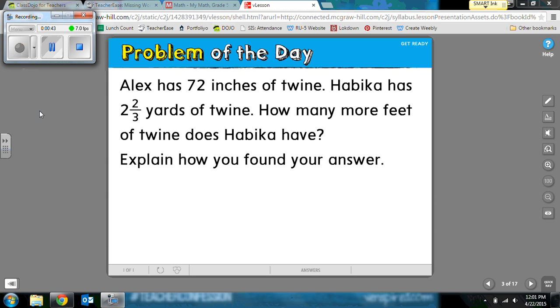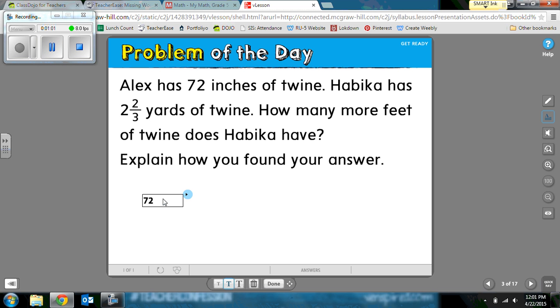Go ahead now and do your problem of the day. This is talking about 72 inches being compared to 2 2/3 yards. This is something you would have done with Mrs. Higgins last week when you did measurement. I'm going to give you some big hints to help you figure out the answer.